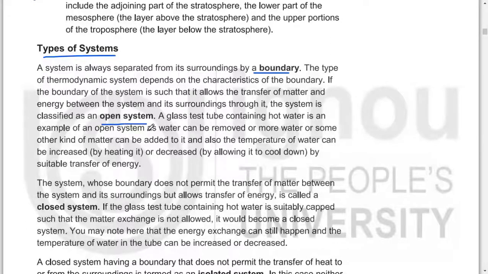A glass test tube containing hot water is an example of an open system, as water can be removed or more water or some other kind of matter can be added to it, and also the temperature of water can be increased by heating it or decreased by allowing it to cool down by suitable transfer of energy.